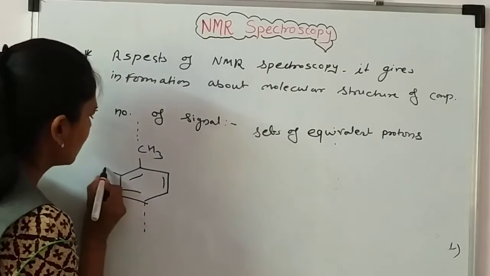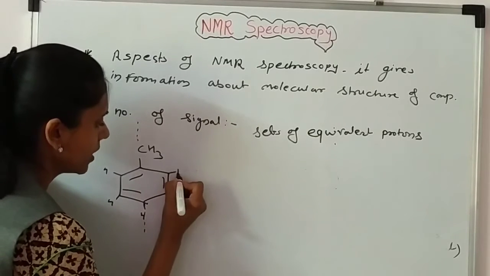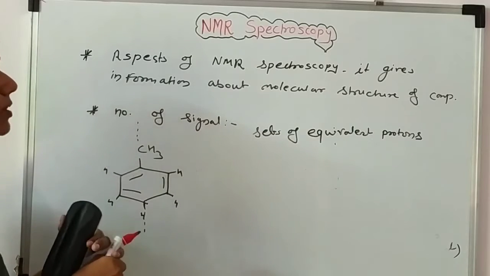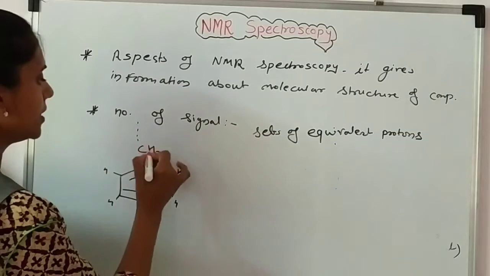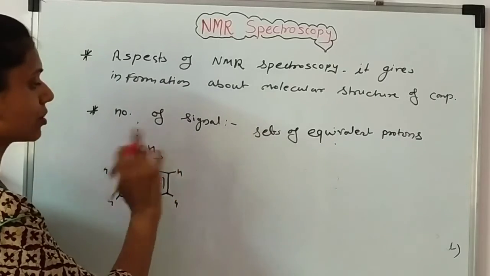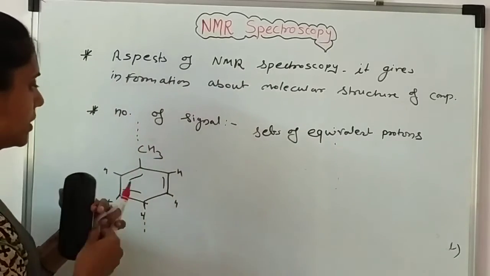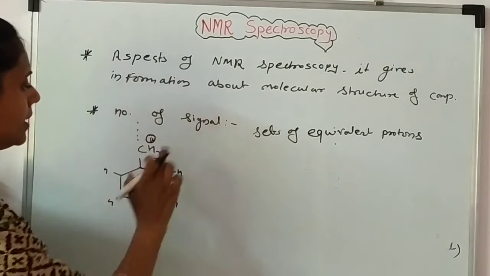We know here one hydrogen, one hydrogen, one hydrogen, one hydrogen, one hydrogen. Try to find out the number of sets of equivalent protons. This CH3, that means these 3 protons have the same environment. We write down here A set.